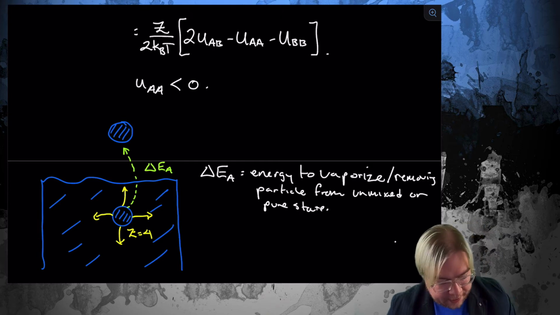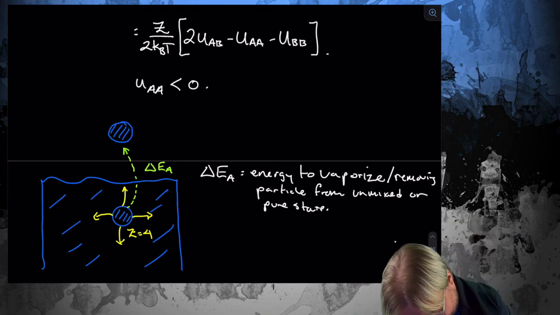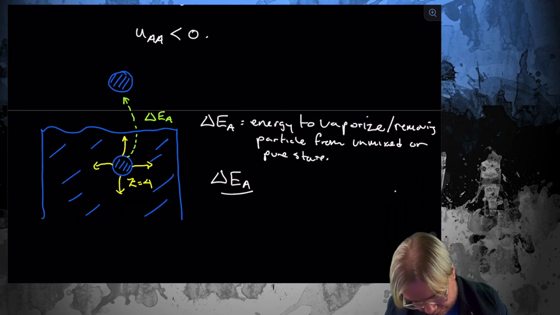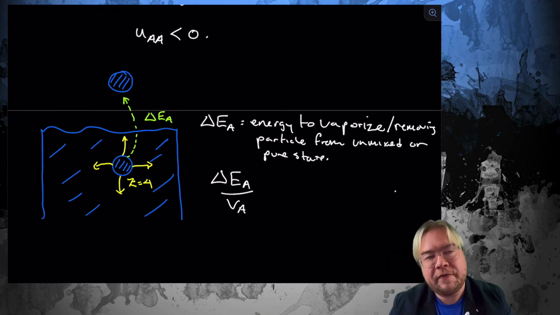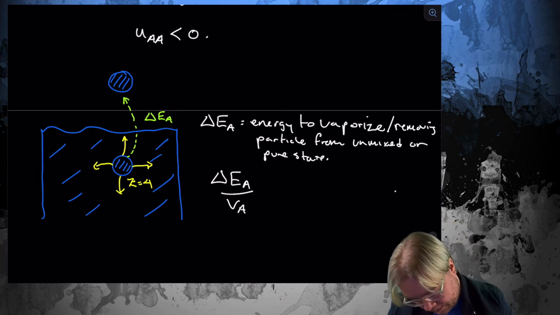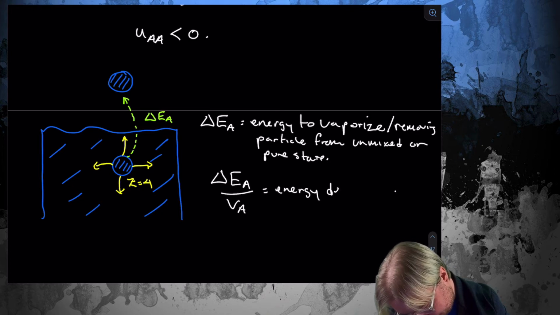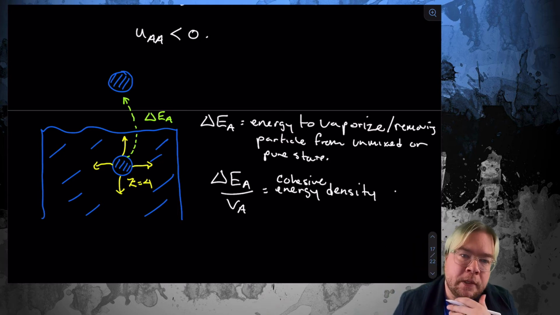Okay, so we could look at an energy density. We could define an energy density as that energy that it takes divided by the volume of that A particle. And so this is an energy density. I think it's a cohesive energy density.